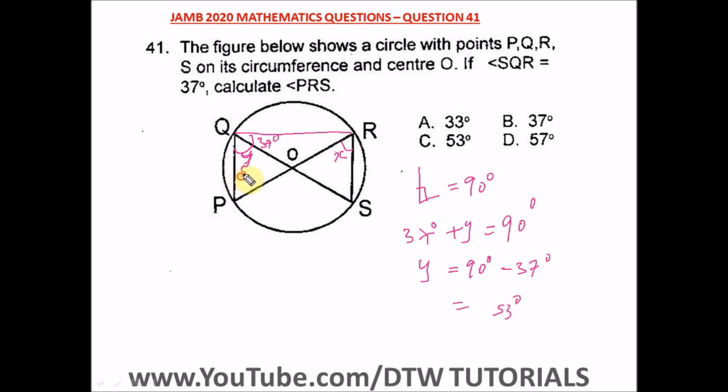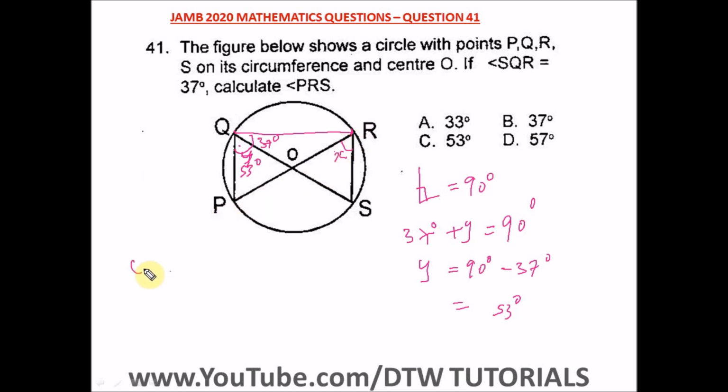So that means here is 53 degree. So if you are conversant with your angles, you will understand that angles on the same segment are equal. So we have this on this segment of the circle and this on the same segment of the circle.